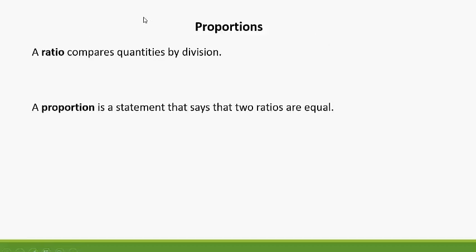A ratio might be, say, if we were talking about the number of males in our class to females, we could say there's one male and 7 females, so it's a ratio of 1 to 7, or we can write it as 1 over 7. And we're going to look at it this way, comparing quantities by division.